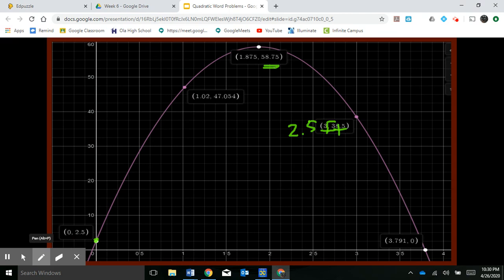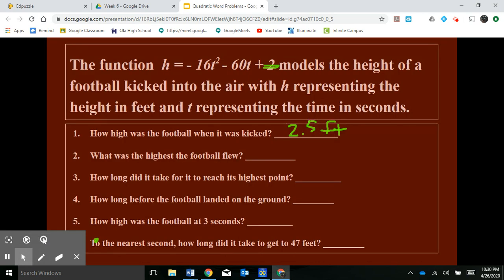That's 58.75. So we write down 58.75 feet. Remember, when we do word problems, we always write down the units.